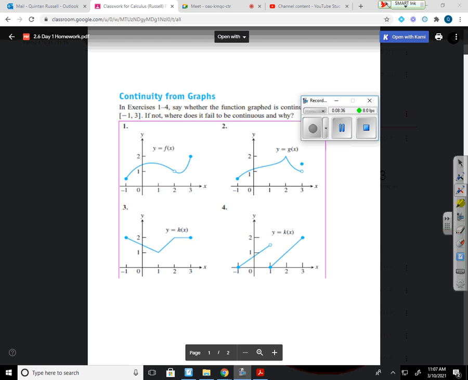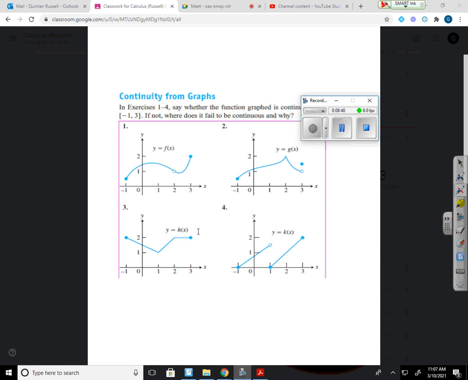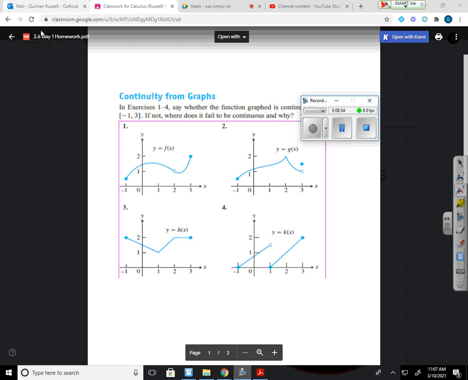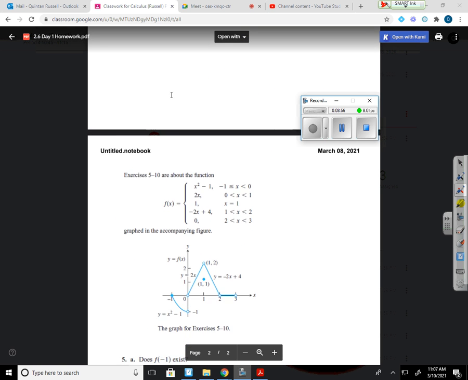This one would be continuous because there are no discontinuities in it. And this one would be discontinuous, a non-removable discontinuity at x equals 1. Okay, so that's the first 4.